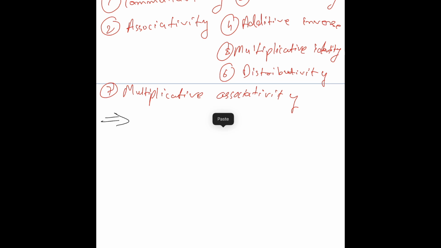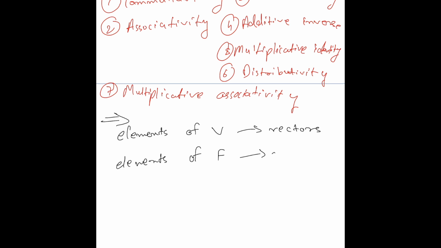Now we will go with some of the basic remarks for this chapter. The elements of V are called vectors. Elements of the field F are called scalars.